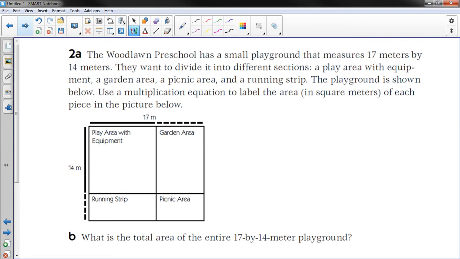The 17 up here can be broken up into 10, and I believe there should be 7 of these. 6, 7. And then on the side, the 14 can be broken up into 10, and this is 4. These 4 dashes equal 4.